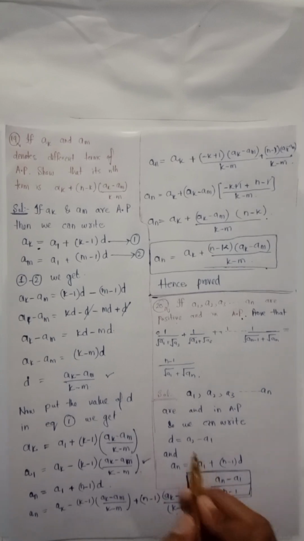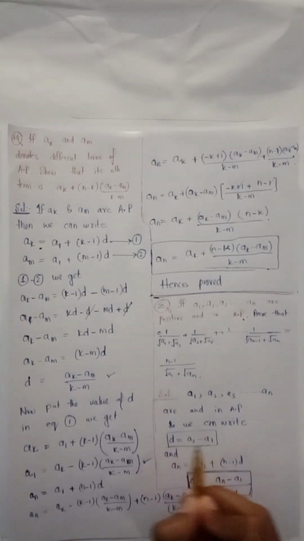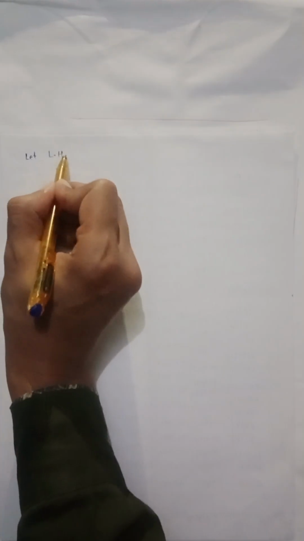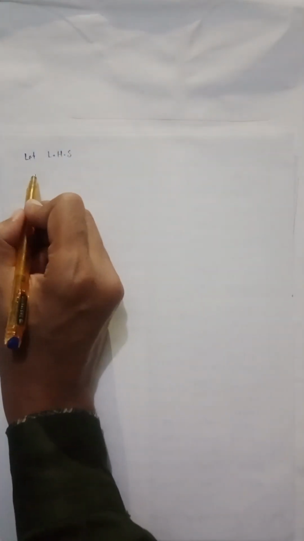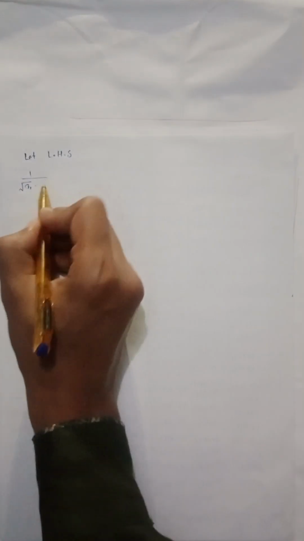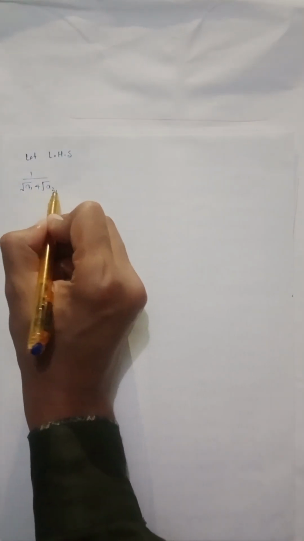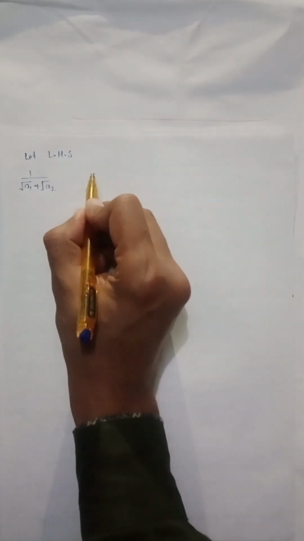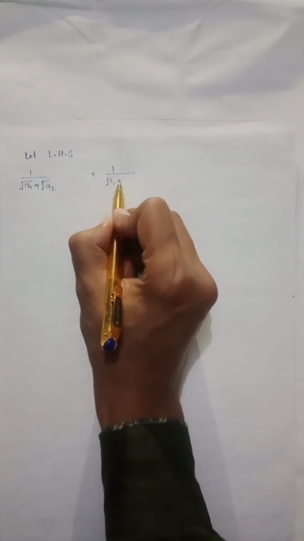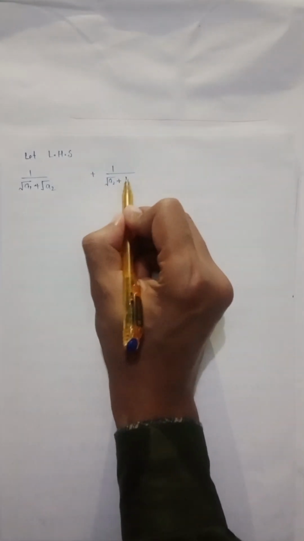Let LHS, that is 1 over root a1 plus root a2, plus 1 over root a2 plus root a3, plus so on, 1 over root a(n-1) plus root an.